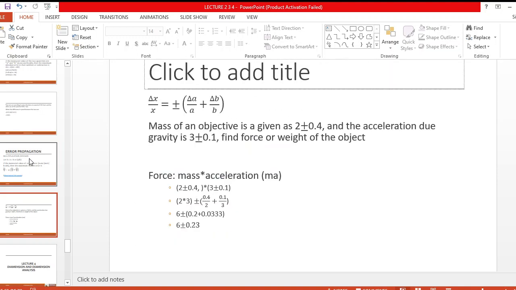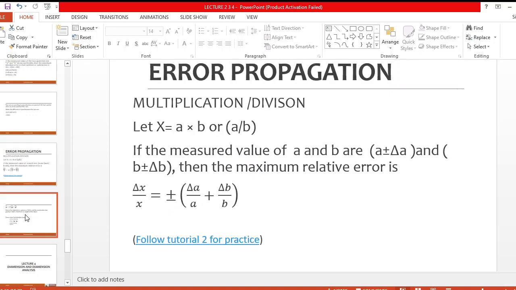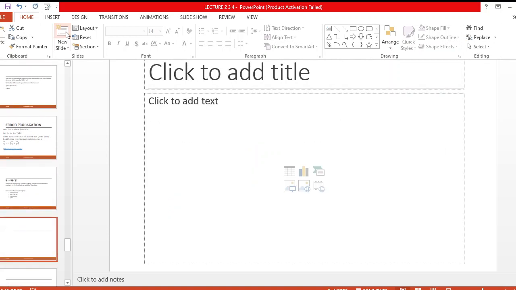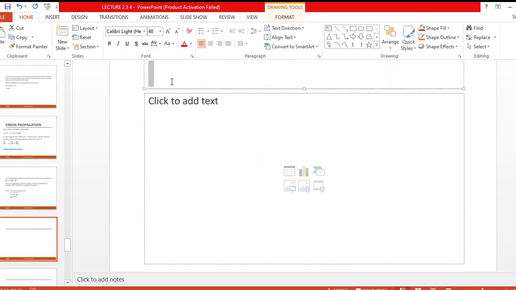Now on the same rule, maybe you will not find it in these notes, but we can talk about it. It's concerning powers.